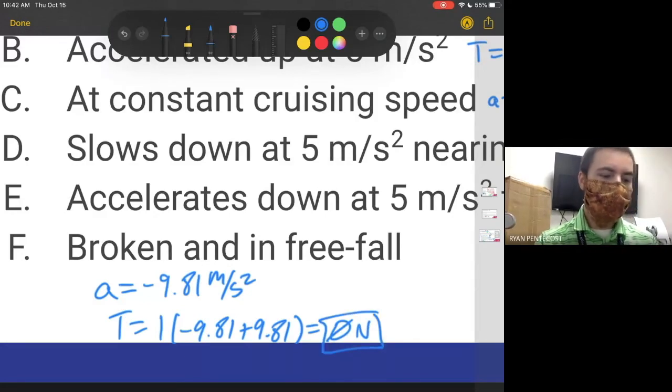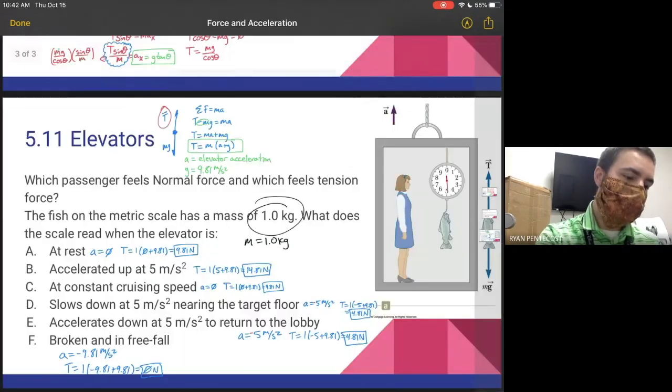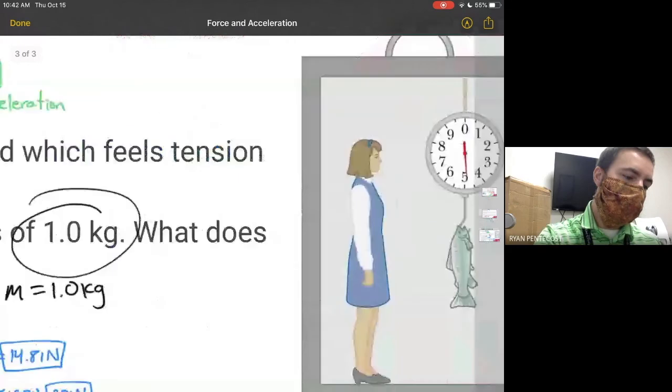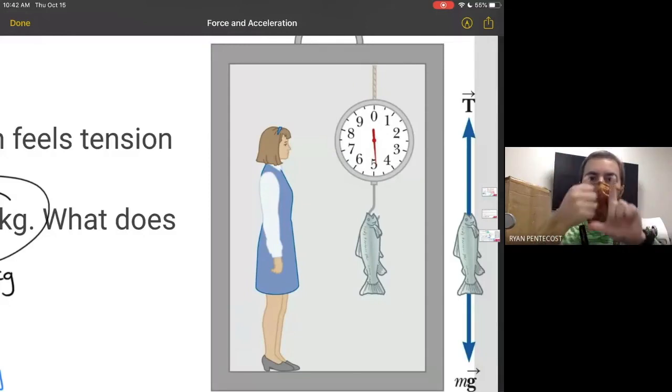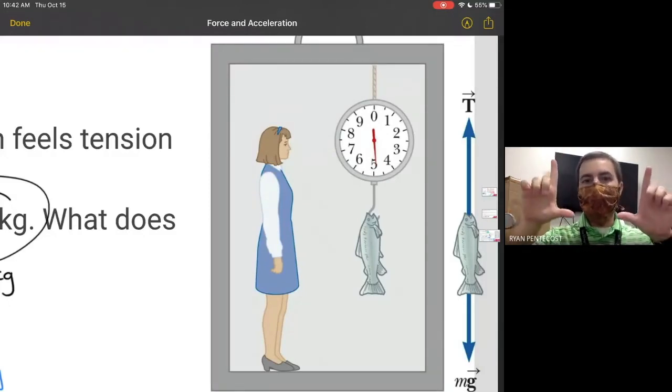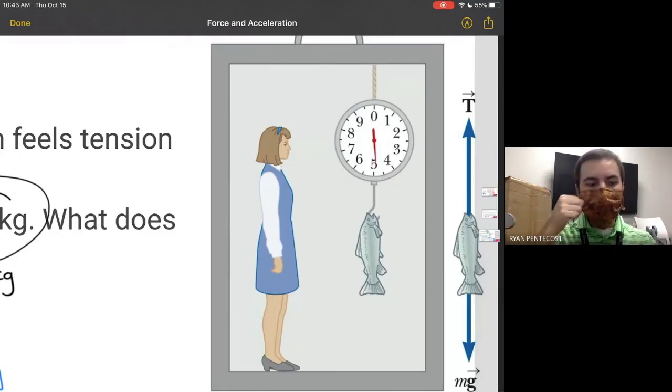Well, if we look again at our reference frame, right? Let's pull the elevator back over. Everyone in the elevator is now falling. So the floor is falling, the girl is falling, the fish is falling, the scale is falling. Everyone's falling together at the same acceleration, and that acceleration is due to gravity.